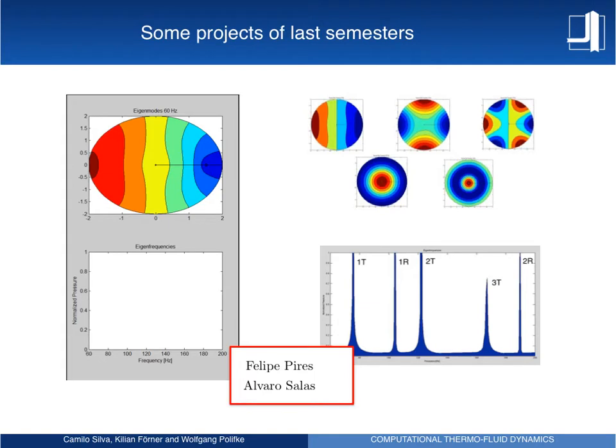The students Felipe Pires and Alvaro Salas managed to solve the eigenvalue problem to obtain the different modes. So the pressure structure or pressure distribution that happens when a source is fluctuating at a given spatial frequency. That was a nice project as well.